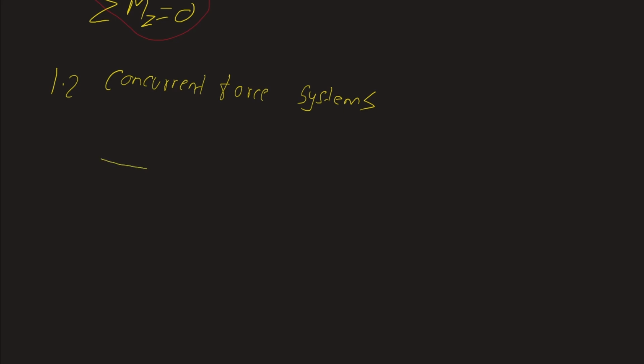So for example, if this is our structure and it is subjected to different forces, for example, one in an inclined direction, one in the vertical direction, and one in the horizontal direction, which all meet at point A, then in such a case, summation of moment about point A should automatically be equal to 0.